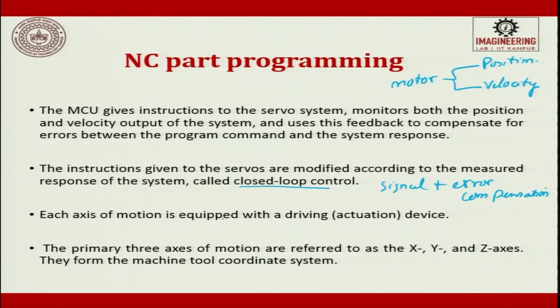Each axis of motion is equipped with a driving device. The primary three axes are given as X, Y, Z, and they form the machine tool coordinate system. You can also have a polar coordinate system, which talks about R and theta. A polar coordinate system is also possible in a CNC machine, but by and large all CNC machines use only the Cartesian coordinate system, wherein we have X, Y, Z as the primary axes.